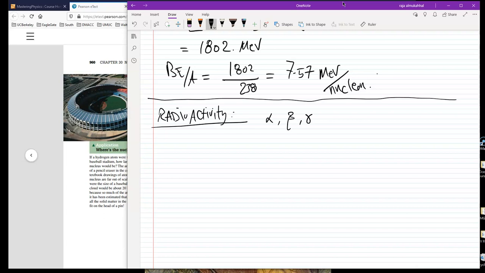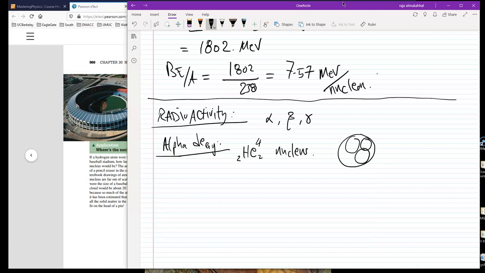Okay, the alpha decay. This alpha is nothing but a helium nucleus, which is 4,2 helium. Nucleus, not the whole atom, but only the nucleus. So you have a helium nucleus that has 2 protons and 2 neutrons. You see what I'm saying?